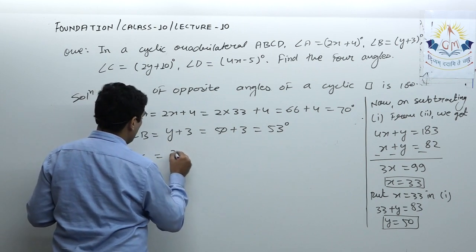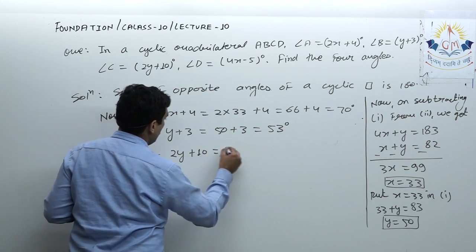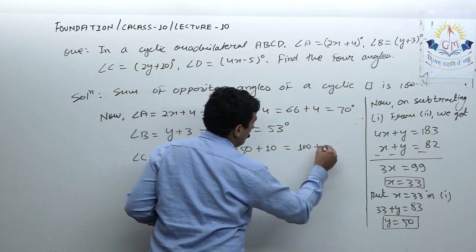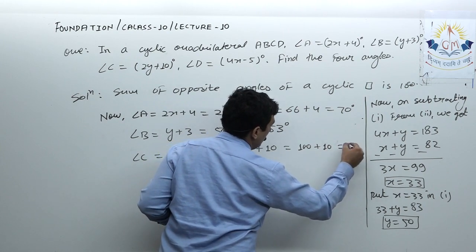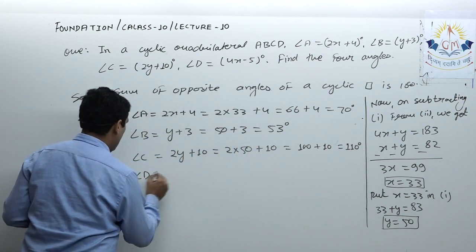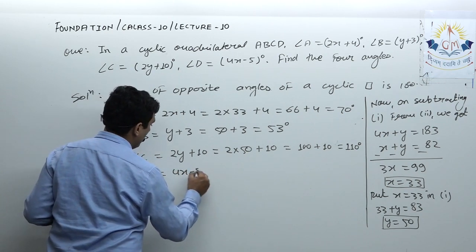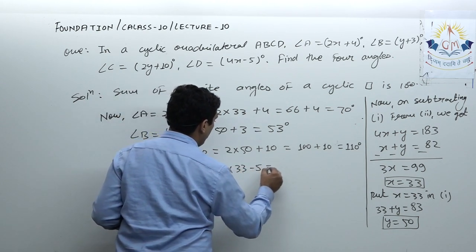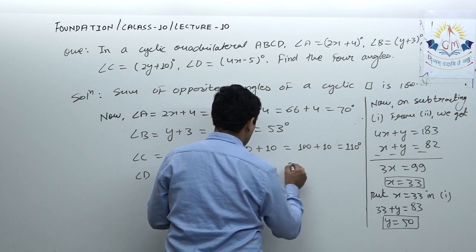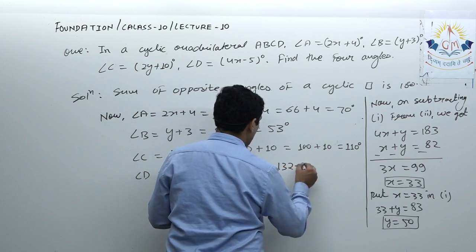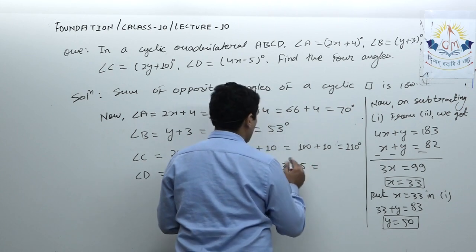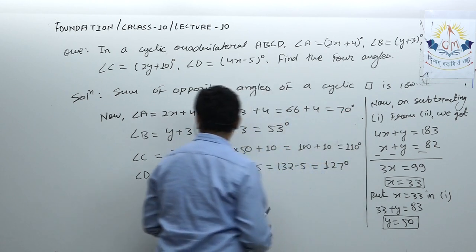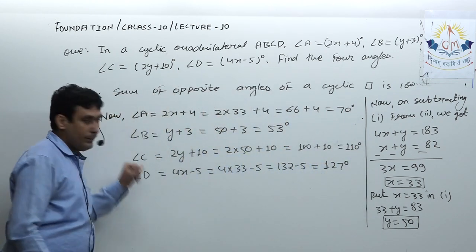Angle C is equal to 2y plus 10, so 2 into 50 plus 10, that is 100 plus 10, that is 110 degrees. Angle D is equal to 4x minus 5, that is 4 into 33 minus 5, that is 132 minus 5, that is 127 degrees.